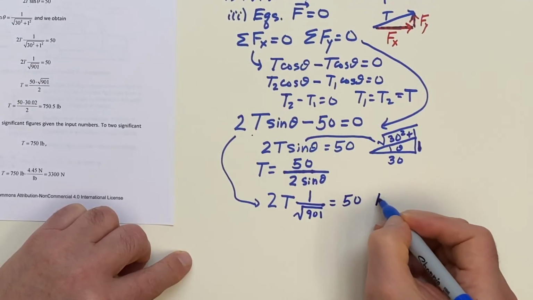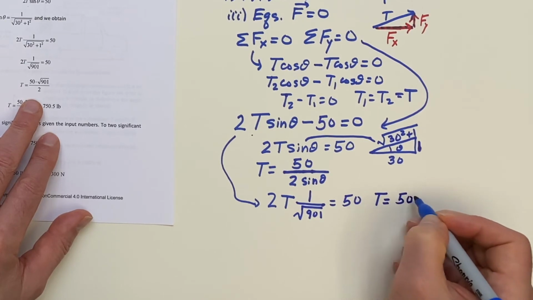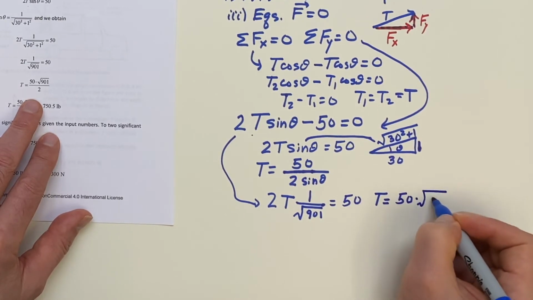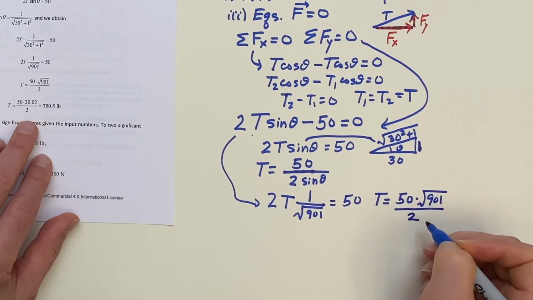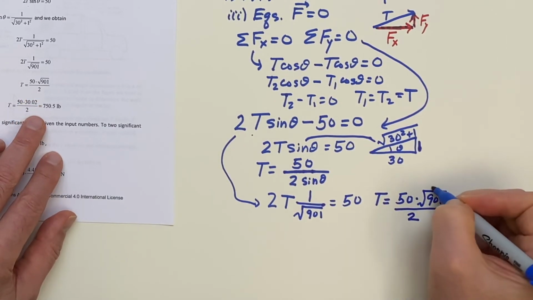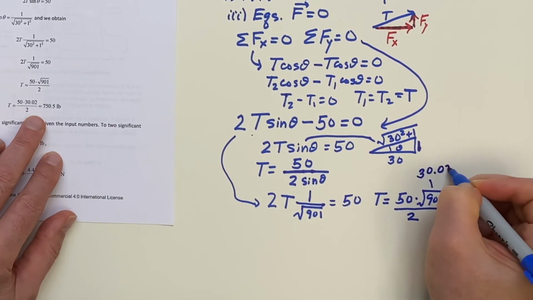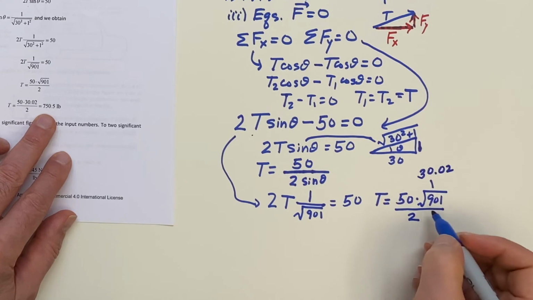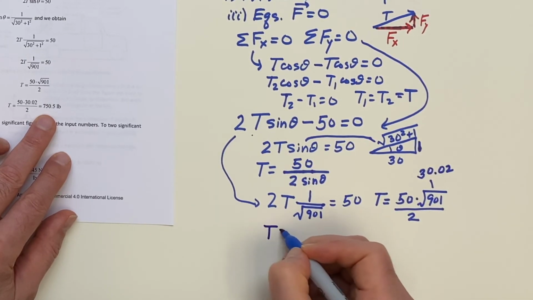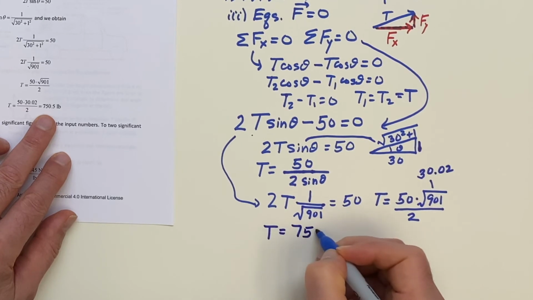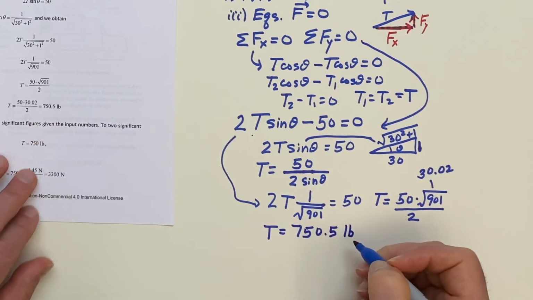So that means that T is equal to 50 times the square root of 901 divided by 2. This is pretty much 30. With the calculator, I got 30.02. And then when you multiply this out, you get the tension is 750.5 pounds.